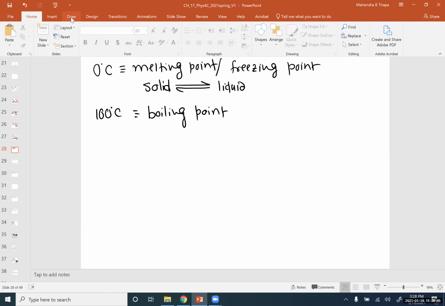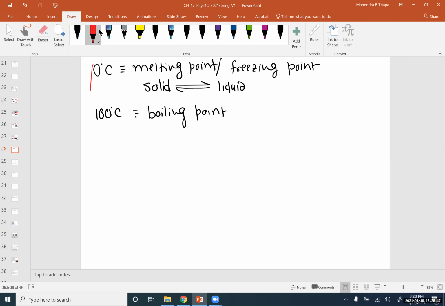This only applies for water, okay? It's not for other substances. Other substances have different melting points and boiling points. When it boils, it goes from the liquid state to the gaseous state.